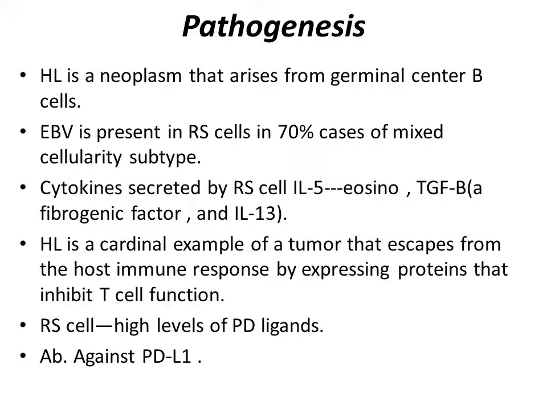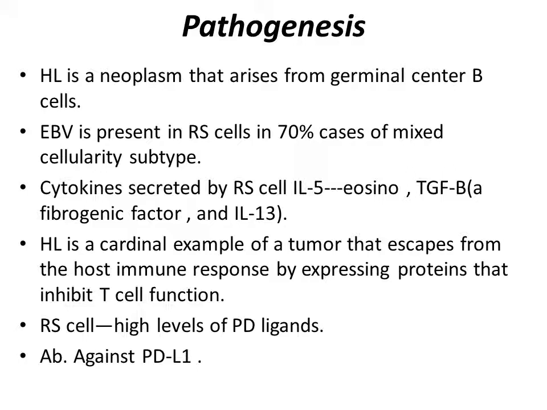Hodgkin lymphoma is a cardinal example of a tumor that escapes from the host immune response by expressing proteins that inhibit T cell function. There is expression of certain proteins.